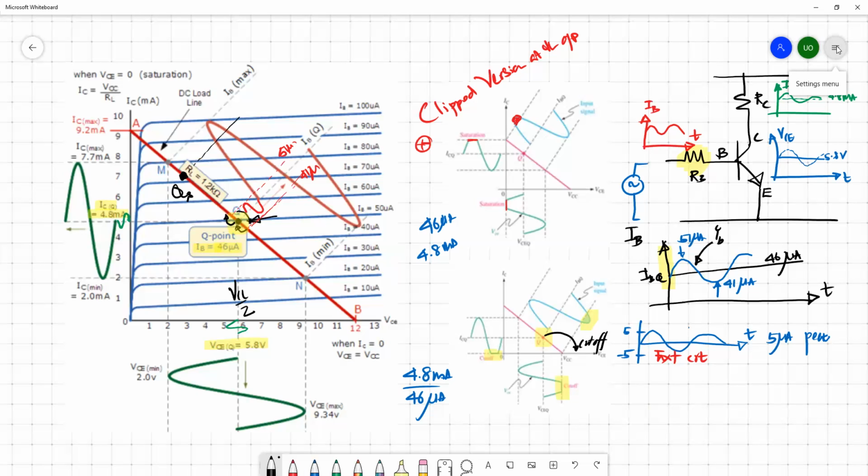Then you can have a clear understanding about how this clipping or distortion of the output happens with the input signals and the Q point at which we place the transistor to operate.